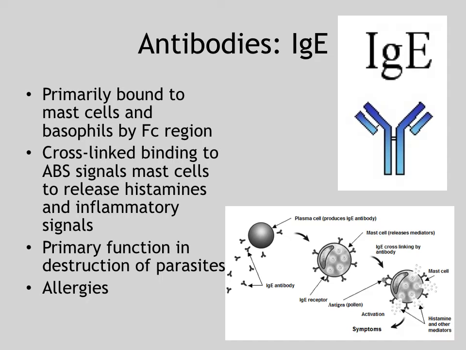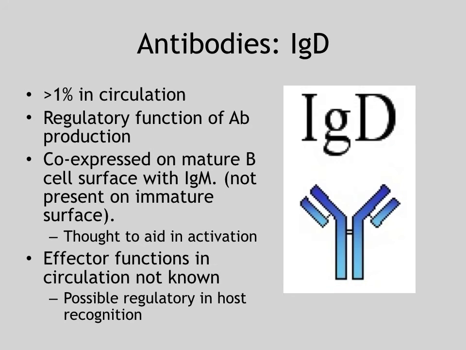Or think about when you take allergy medications, most over-the-counter allergy medications are going to be antihistamines. They're going to be competitive inhibitors of histamine itself. In parasitic infections, all of these histamines and other mediators that get released by these cells are toxic to parasites. So that's why they're oftentimes involved in parasitic reactions as well.